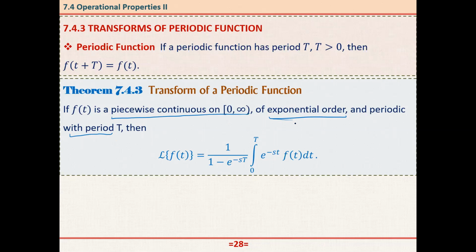The second one is it must be of exponential order. And one more thing, periodic with period T. Then the Laplace transform of such a periodic function is 1 over 1 minus e to the power minus sT, times the integral from 0 to T of e to the power minus st f of t dt.